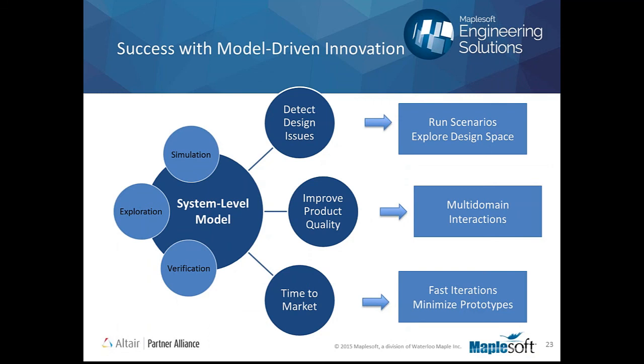By bringing all multi-domain parts into the same environment, you improve the product quality, and with this intuitive and physics-based environment, you will have fast iteration and minimize the number of prototypes that you might otherwise need, which translates to shorter time to market.